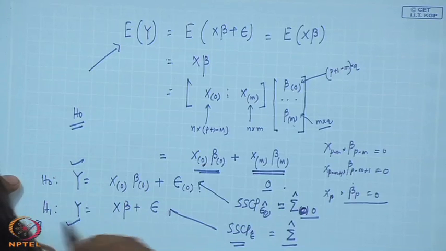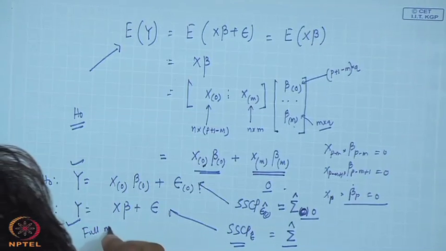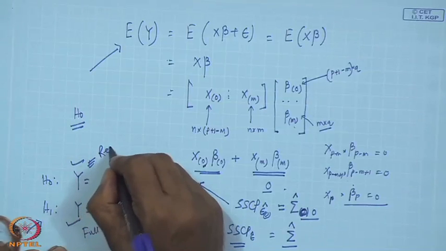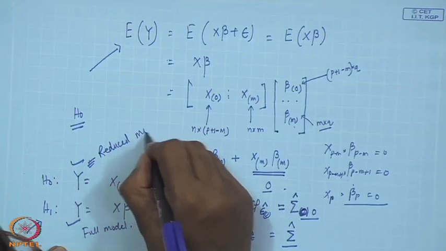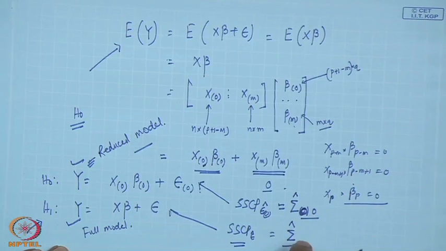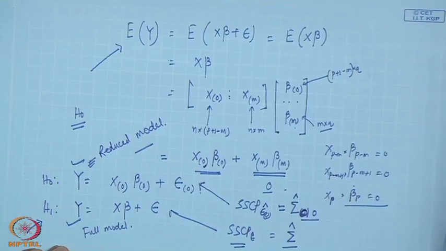So, as a result, if I say under H1 this model is my full model and under H0 this model is the reduced model, my question is that the error SSCP matrix will be more or less equal.